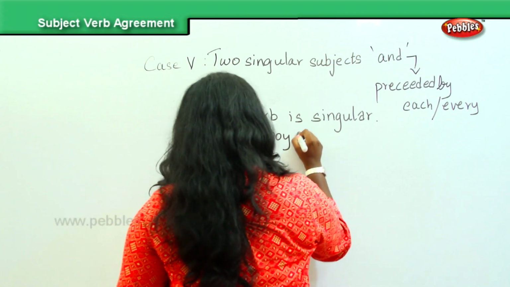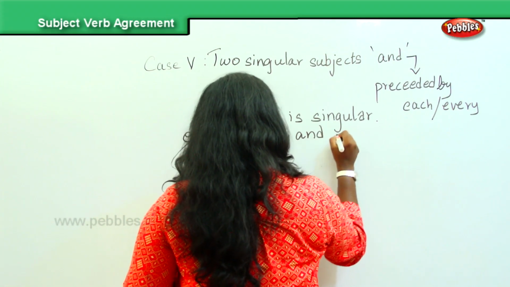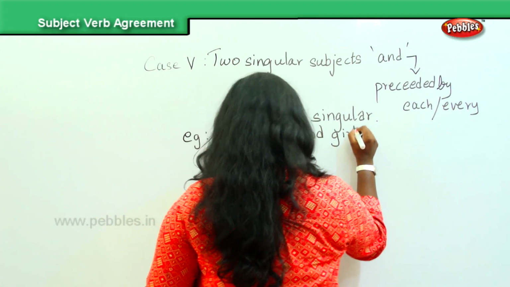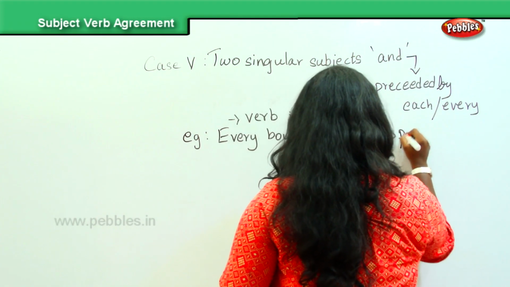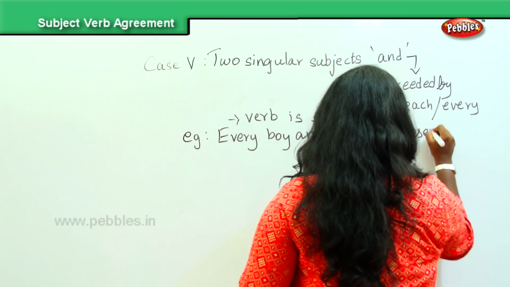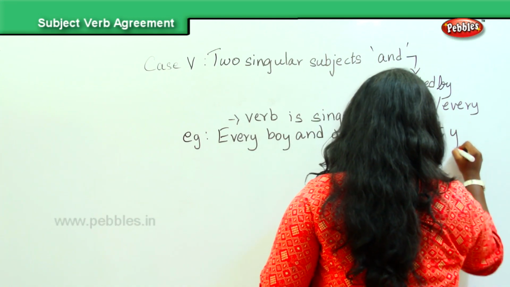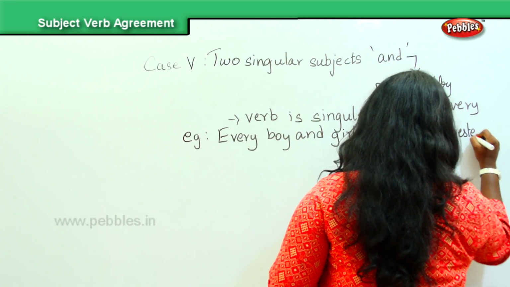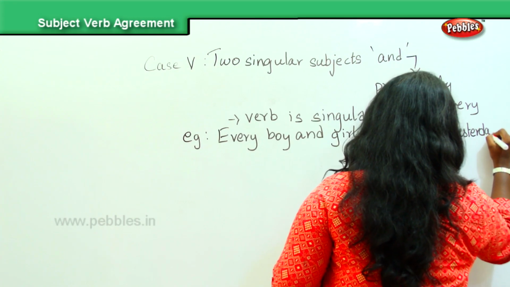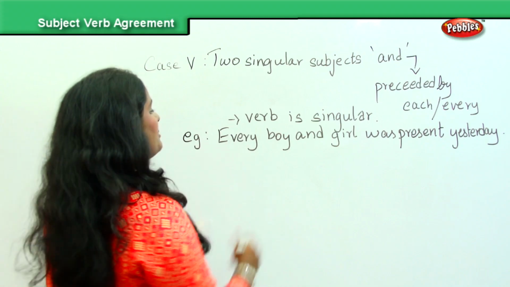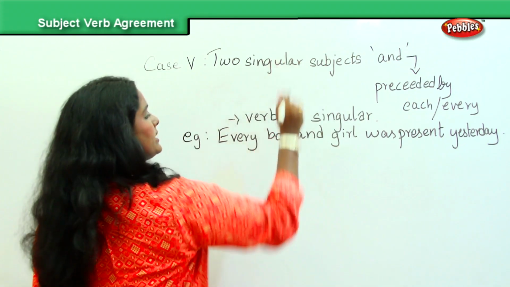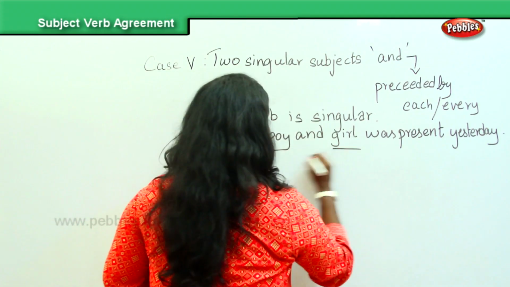Every boy and girl was present yesterday. Right? So every boy and girl. See, two singular subjects, boy and girl.